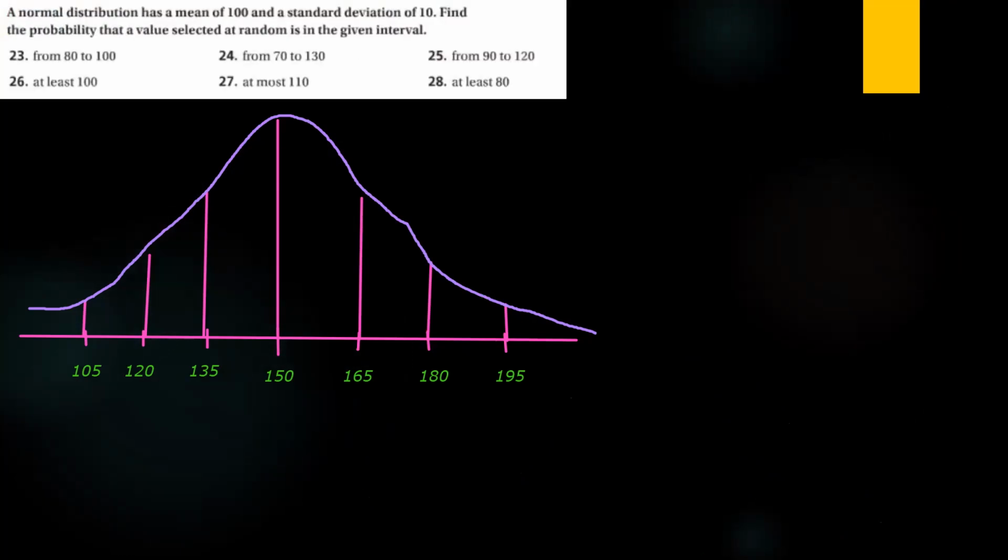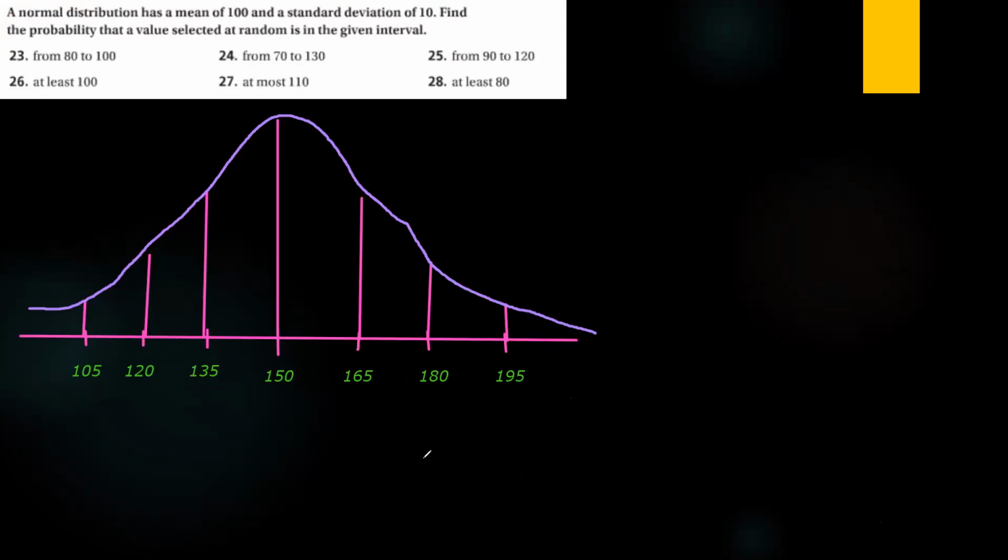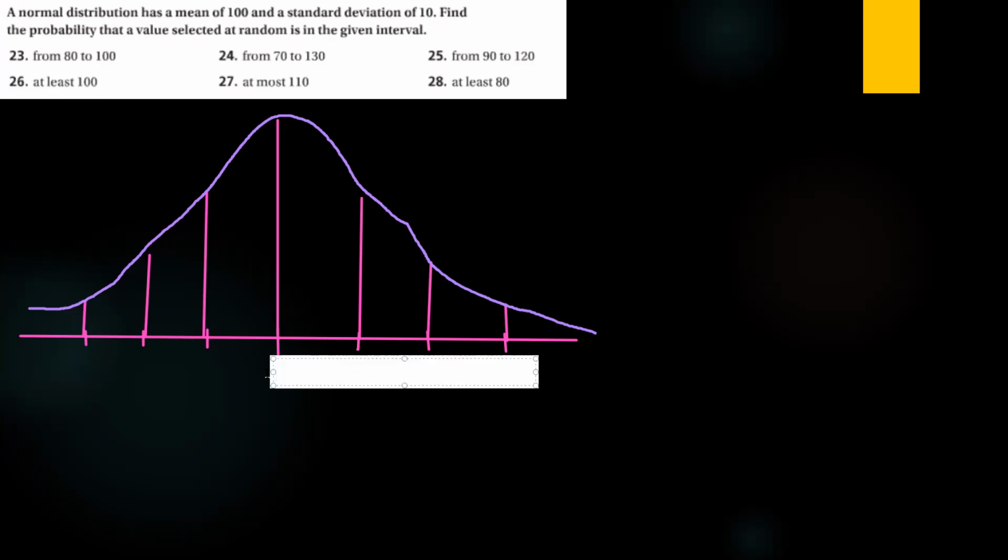Okay. Let's now do this one here. This is from number 23 up to number 28. A normal distribution has a mean of 100 and a standard deviation of 10.